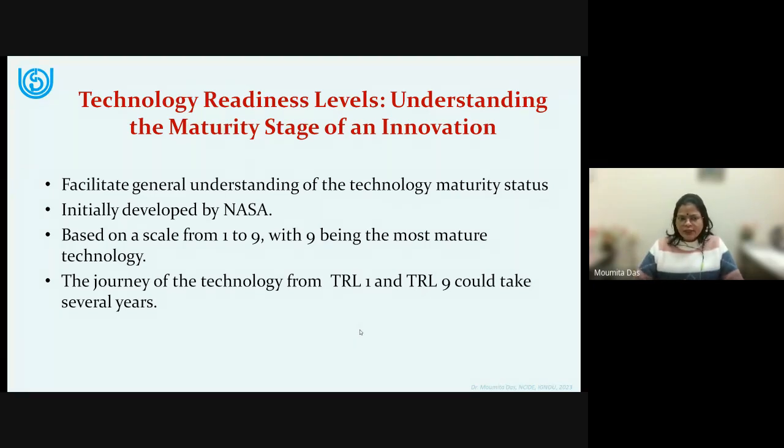So essentially, the TRLs, or technology readiness levels, facilitate the general understanding of the technology maturity status. It was initially developed by NASA to understand the level of maturity of the design of the spacecraft. You can read it up. TRLs are based on a scale from 1 to 9, where 9 is the most mature technology when it is implemented, and 1 is the basic idea that you have.